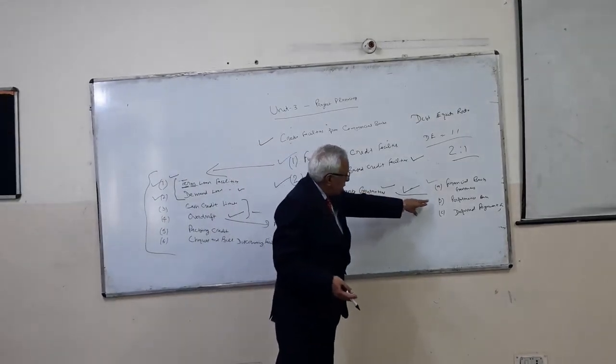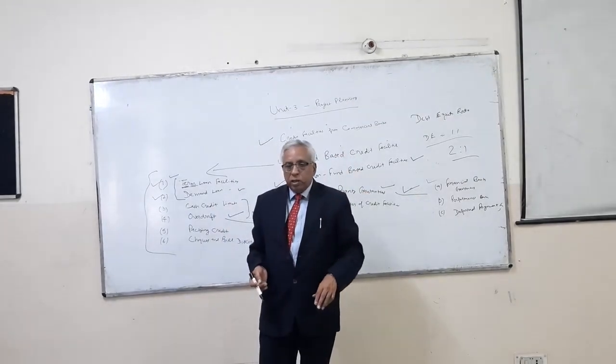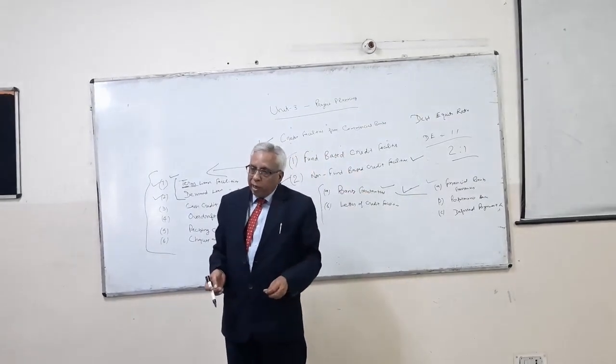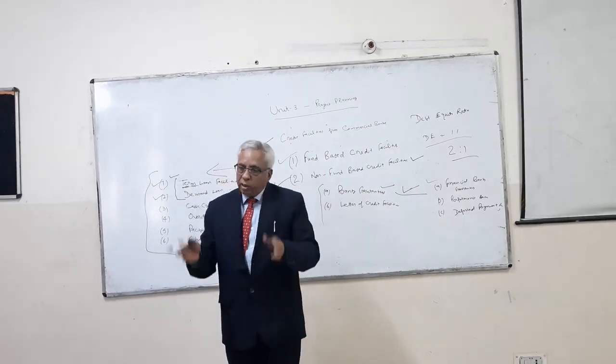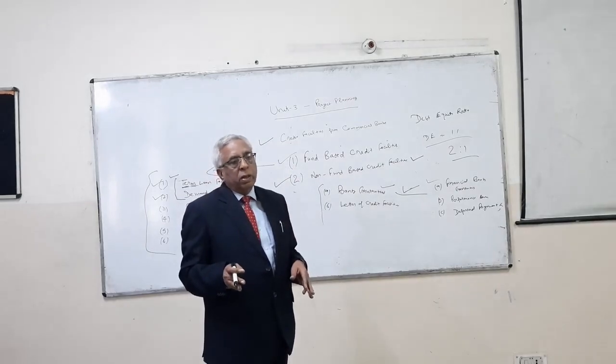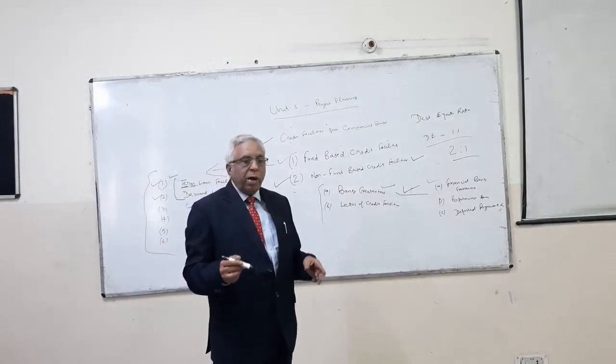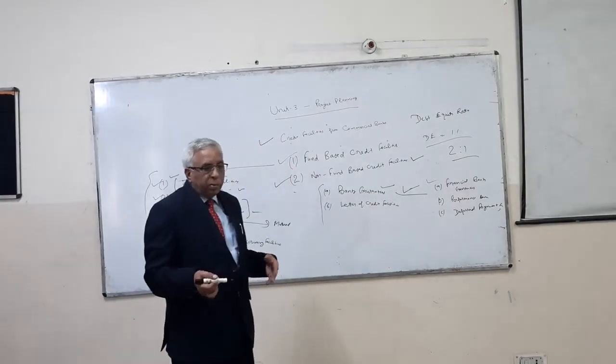In the second part, the performance bank guarantee. Here, the customer is backed by a guarantee from the bank that this customer is a reliable one and he will perform the contract as per the directions or terms and conditions in the bank guarantee.